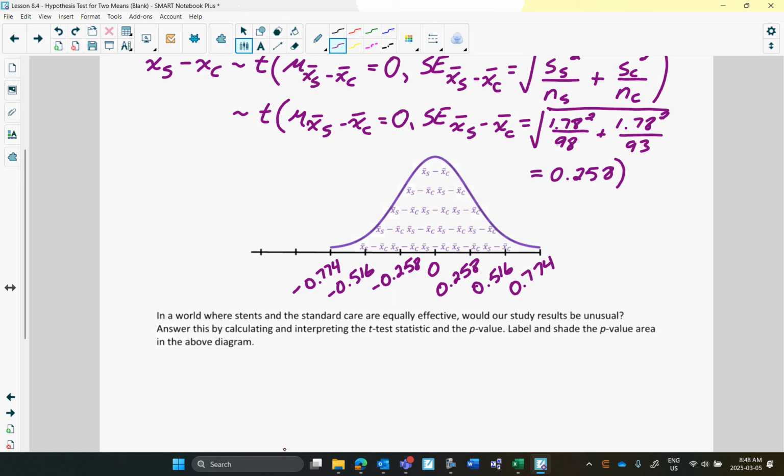And so remember, this is our distribution of sample differences. That's what you could label it. It's the difference in disability scores, stent group minus control group.